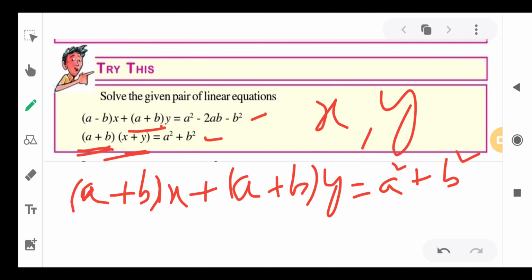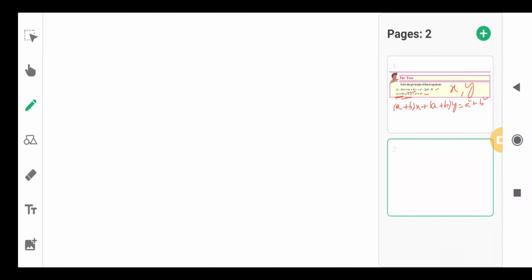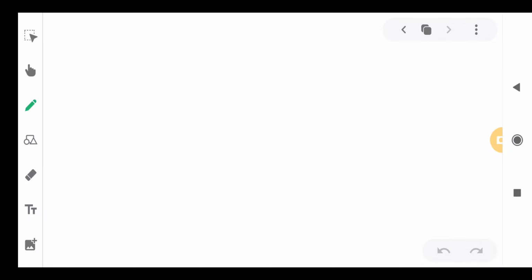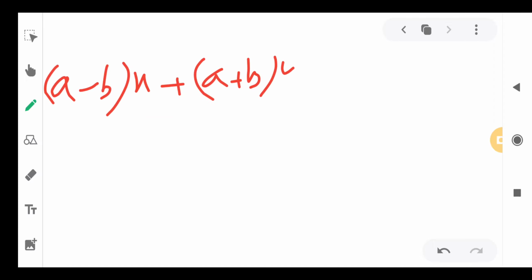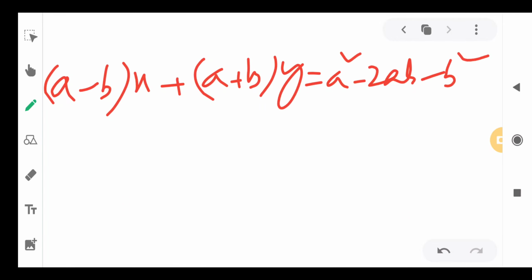Now we'll write both the lines one below the other and see what will happen. The first equation is a little bigger: (a minus b) into x plus (a plus b) into y is equal to a square minus 2ab minus b square.